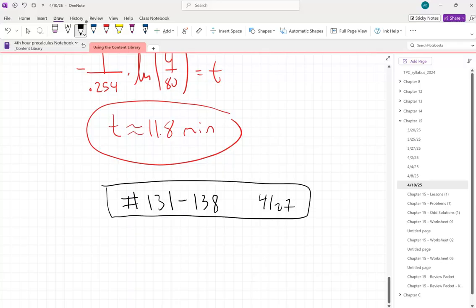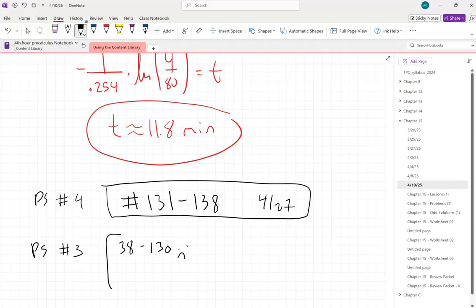So this is like PS, is it 4 I think we're on? So current seniors though, PS3 is something you're responsible for. I think that's like 38 to like 130 though. Yes. And that one is due this Sunday, right? Like the 13th or something. And also you have Delta Math number 1.